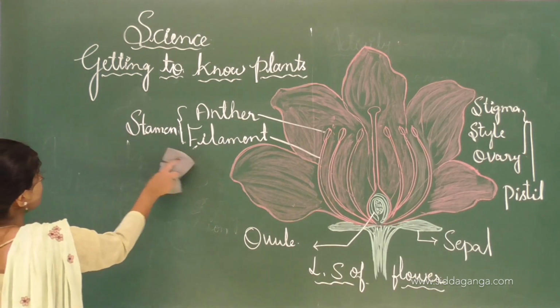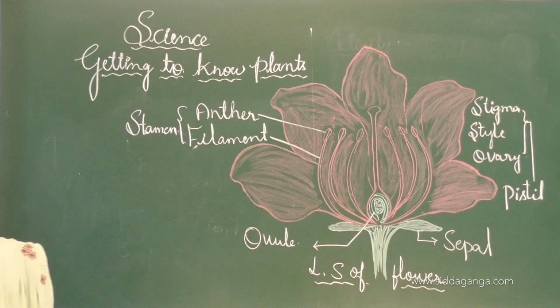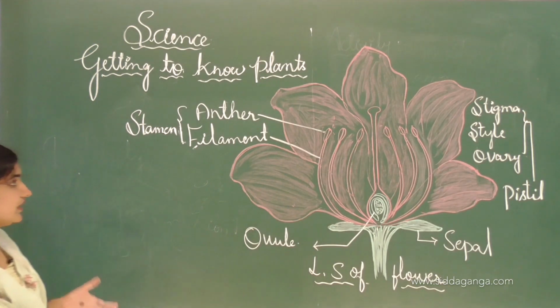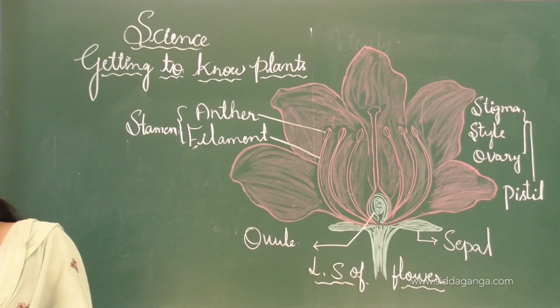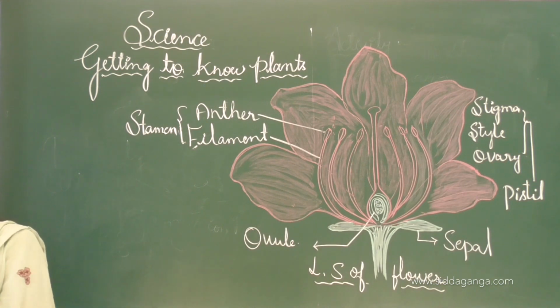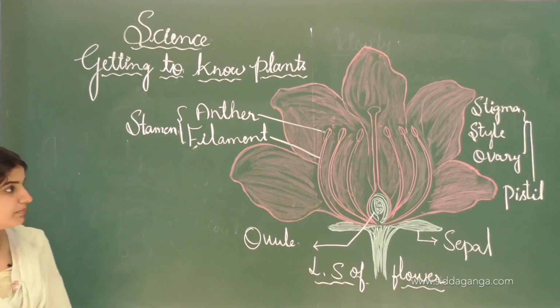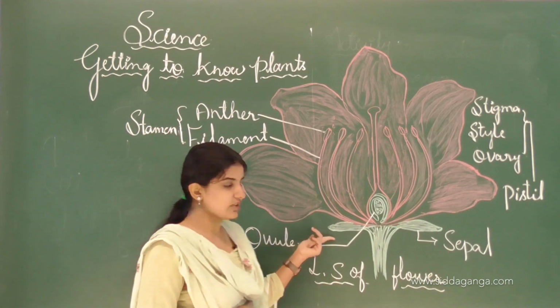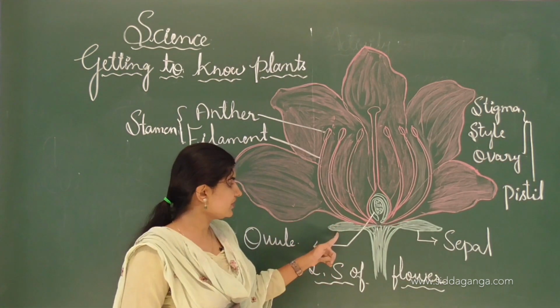Next, we shall move on to the parts of a flower. See, one by one I will tell you. The flower can be divided into different parts. The main parts of a flower are discussed below, in which the first one is the sepal. It is a leaf-like structure usually present at the base of a flower.